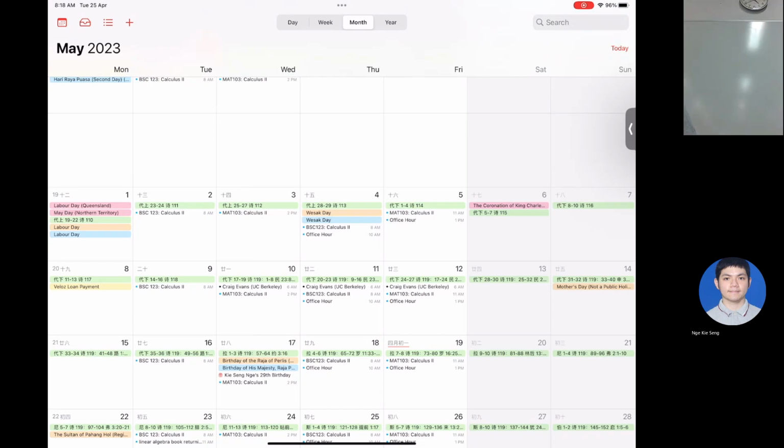So the time is 1 to 3 or 2 to 4? 1 to 3, 9, 5th or 12th? 5th cannot. 2 to 4. Okay, I also got class until 1. Straight away continue another class. 2 to 4, 5th or 12th May? 12th.